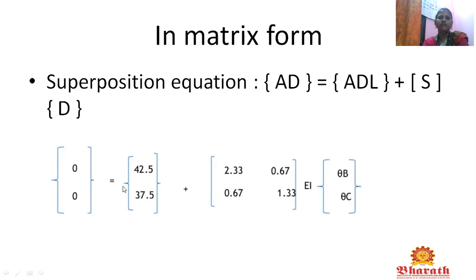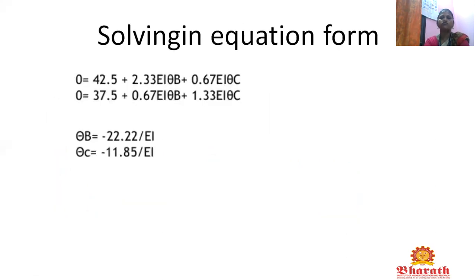So we have to write this in matrix form. This is the procedure for writing it in matrix form. Next we have to solve in equation form. After solving in equation form, 0 is equal to 42.5.